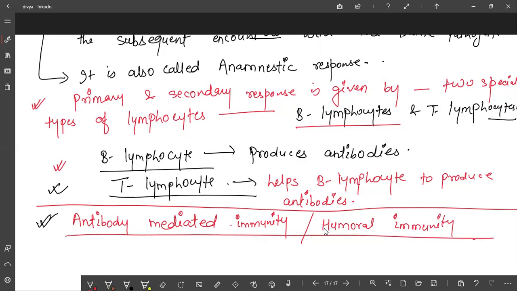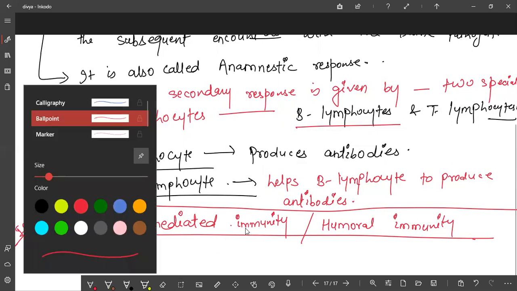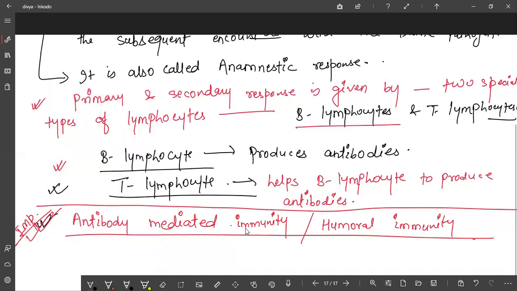Antibody mediated immunity, or humoral immunity simply, takes place with the help of what? Antibody. So now the question is, what is antibody? One structure is given in your NCERT also. Look at that structure, that is the structure of antibody.